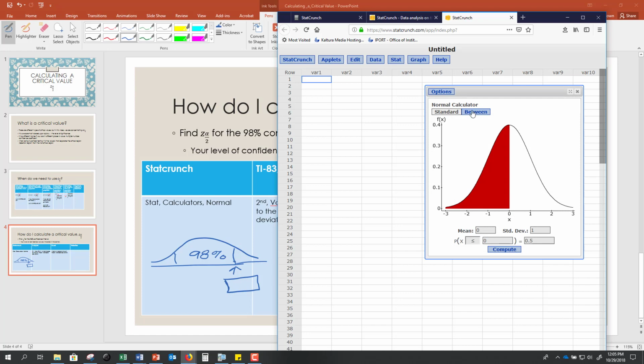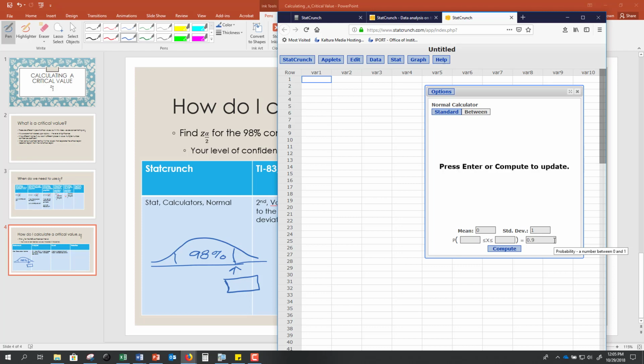And under StatCrunch, you have the option of selecting the Between tab. So our mean is 0 and our standard deviation is 1 because z means we're working with the standard normal distribution. So in this right-hand side, we can enter our area, also known as our probability, 0.98, because that is the area in the center.